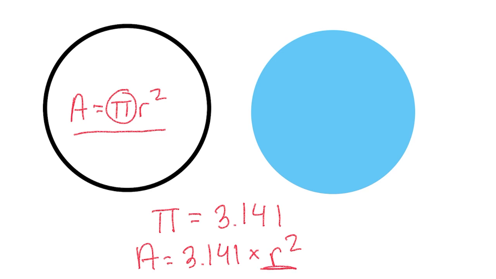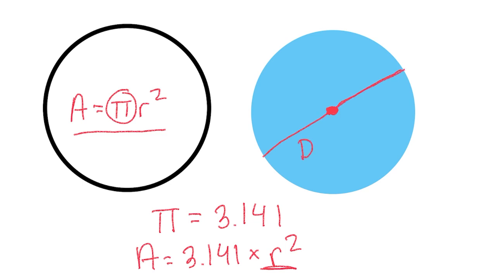Well, what the heck is the radius? Again, looking back at our practice circle, pretend this dot is right in the middle of the circle. So this is our center point of our circle. The radius goes from that center point to the edge of the circle. You can also say the radius is half the diameter or the full length of the circle.